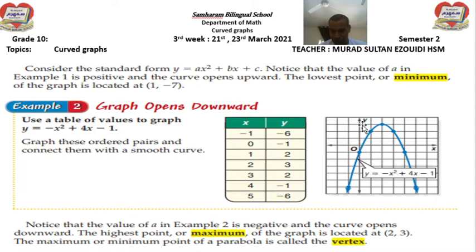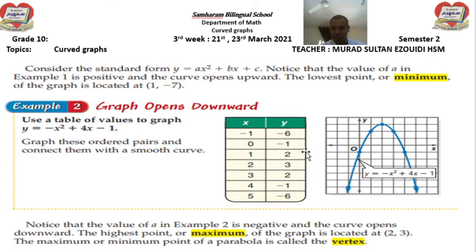This is the y-axis and this is the x-axis. This is 0. When x equals -1, y equals -6, this point.